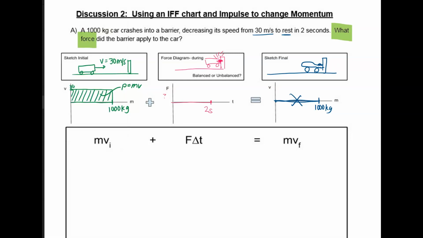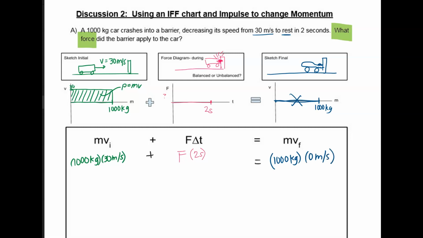So our initial of 1,000 kilograms times 30 meters per second plus some unknown force times 2 seconds is going to equal our mass of 1,000 kilograms times a velocity of 0 meters per second.